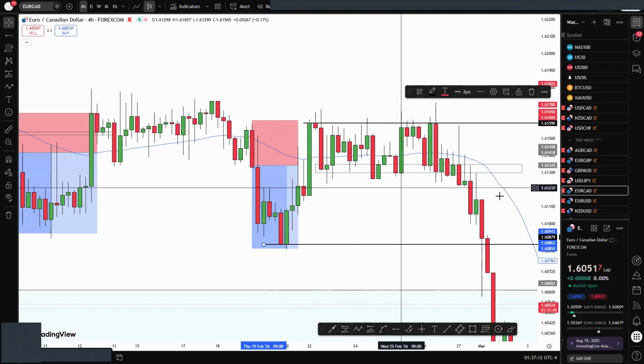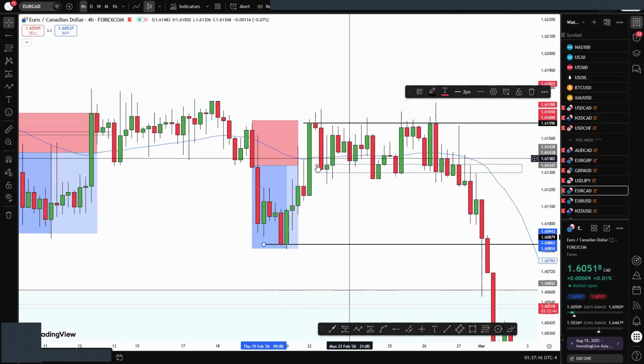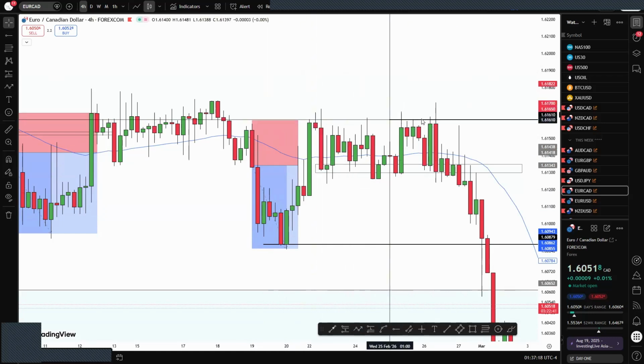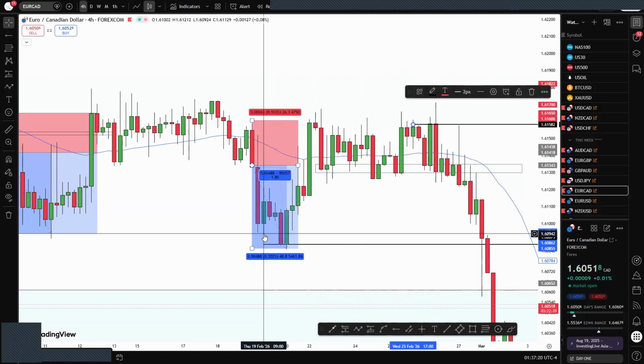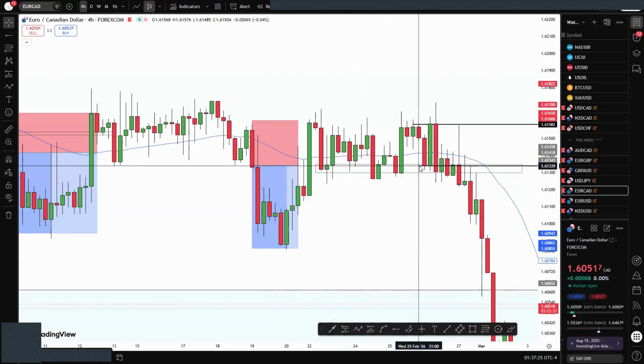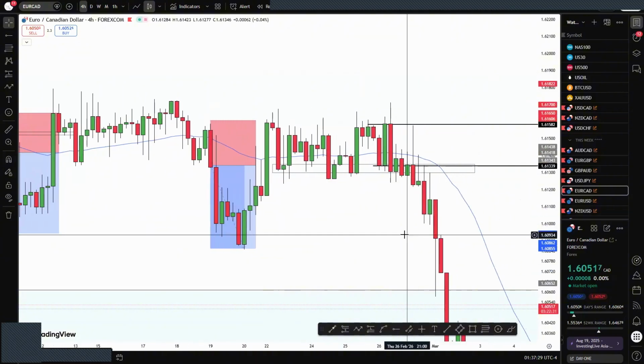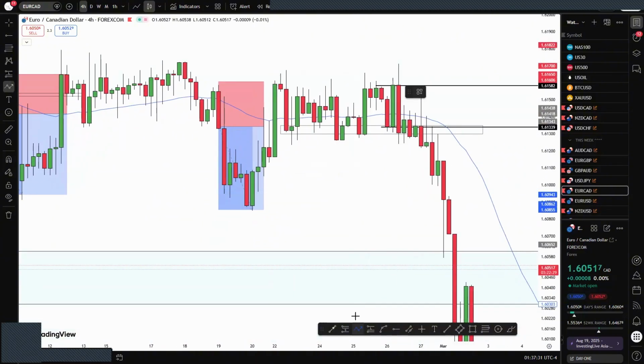So I couldn't take a trade in this zone. But let's just say price made a new higher high, which was this level here, and the shift was at this level there. That's for learning purposes.